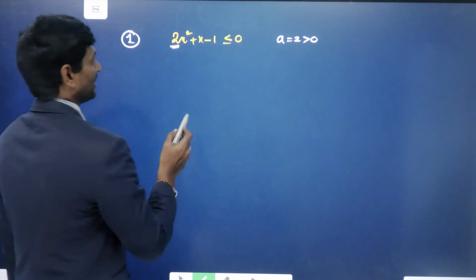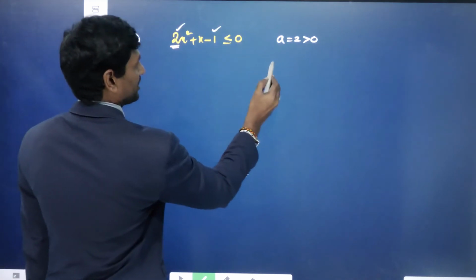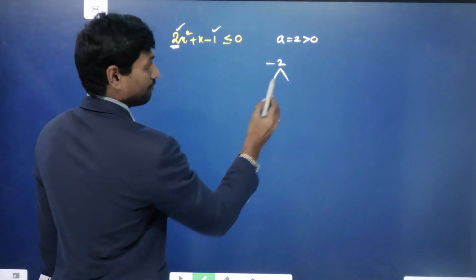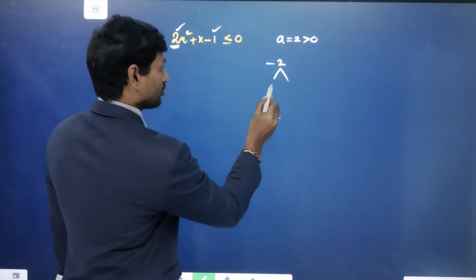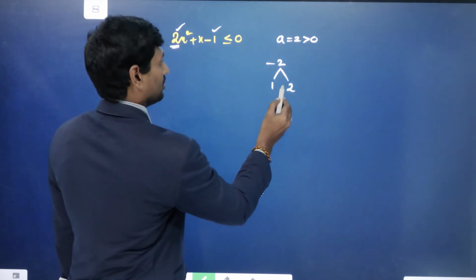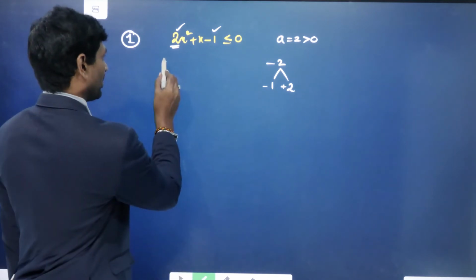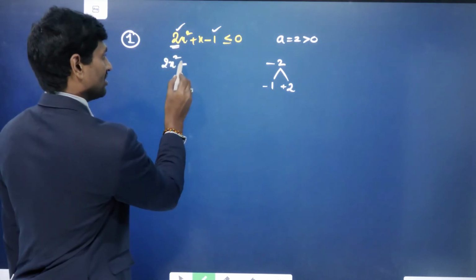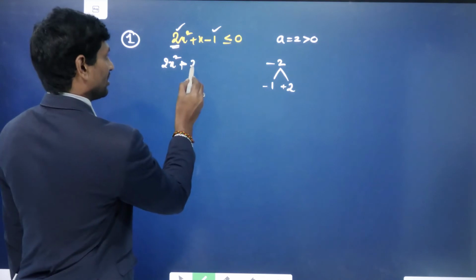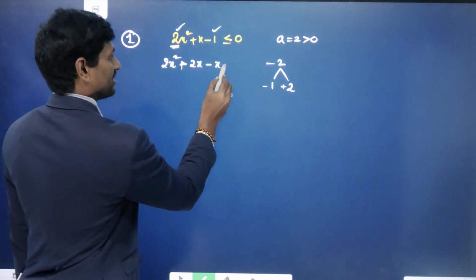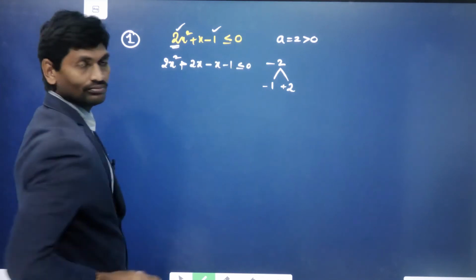Now here also let us identify, 2 into minus 1 is minus 2, that means 2 factors, 1 and 2, whose difference is 1. Here plus, here minus, minus 1 into 2 is minus 2. So we can write this as 2x square plus 2x minus 1 less than or equal to 0.